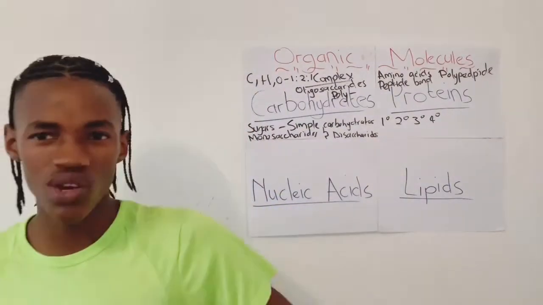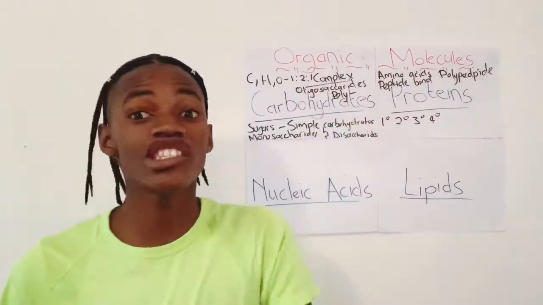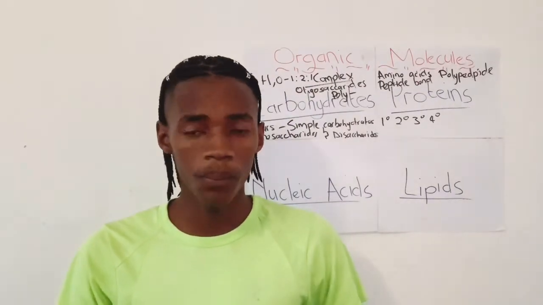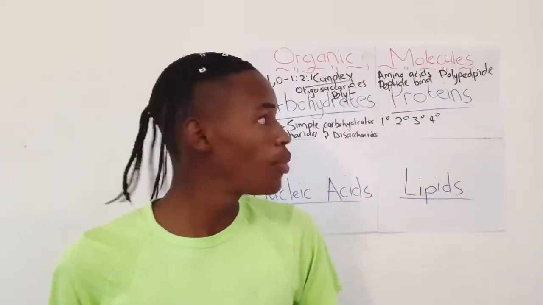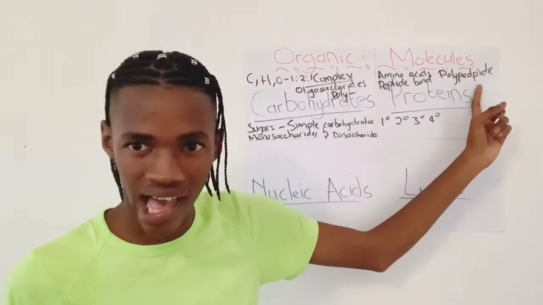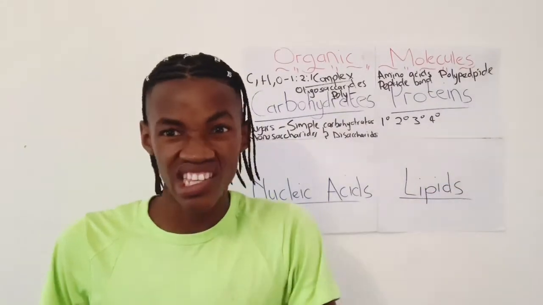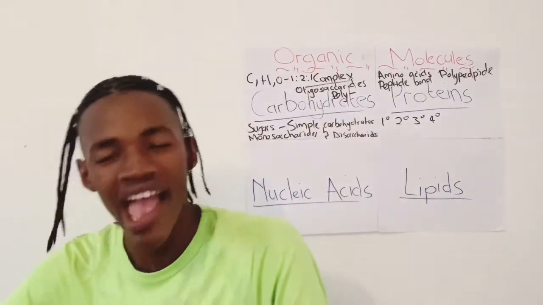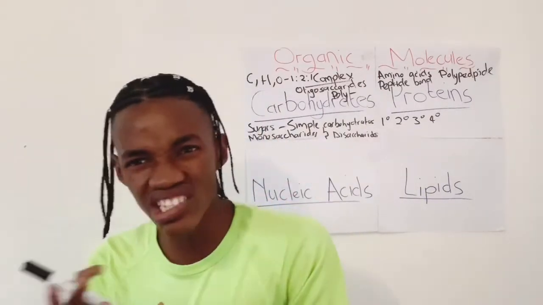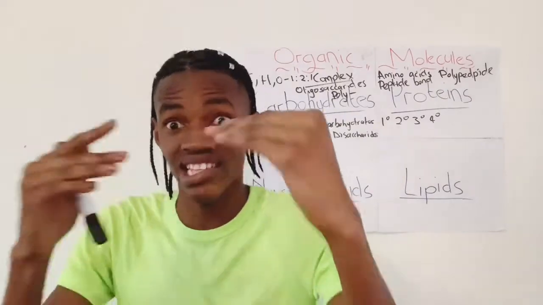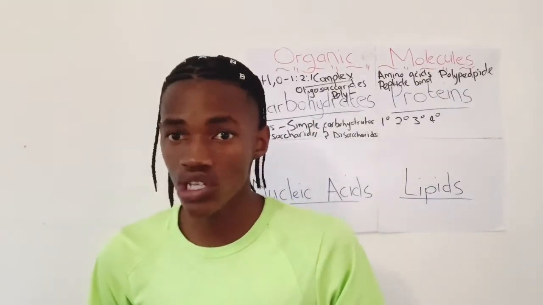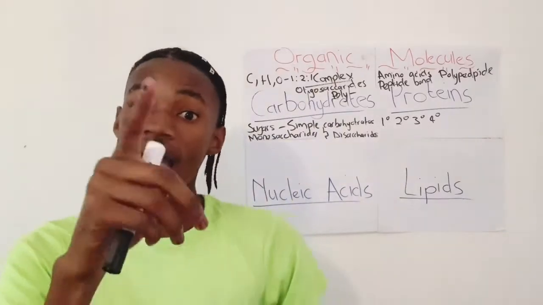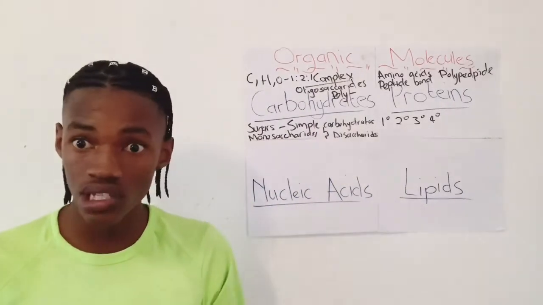The tertiary structure is the overall shape of the polypeptide, right? Just how it looks just before it becomes a protein. And this is usually determined by the interactions between the R groups and the hydrogens, right?